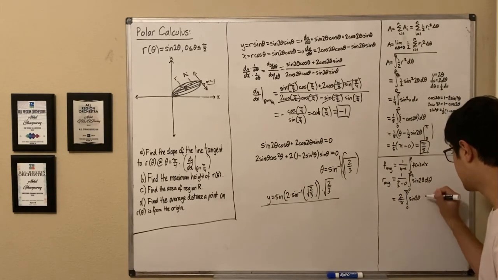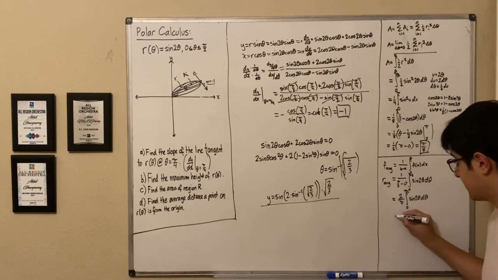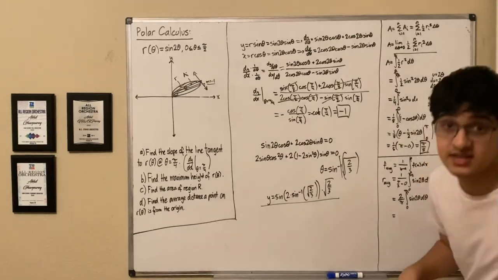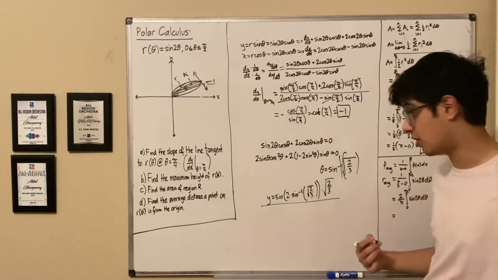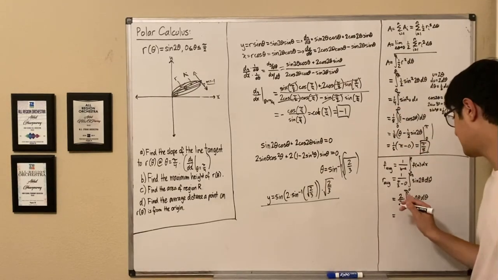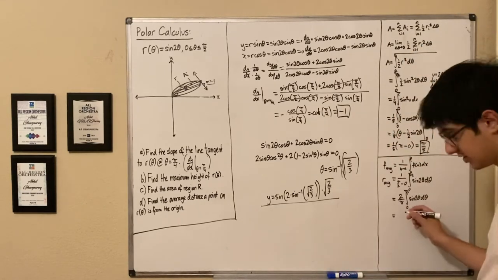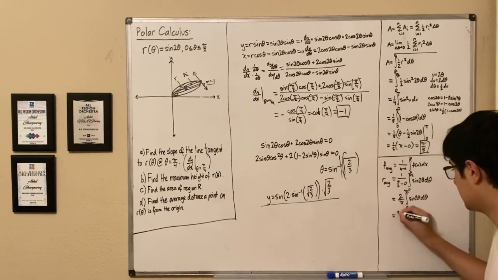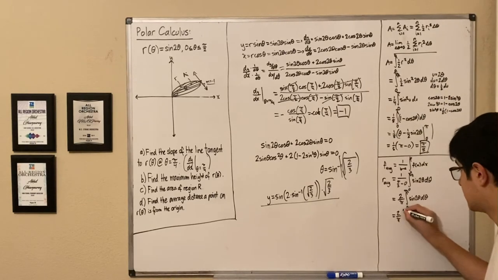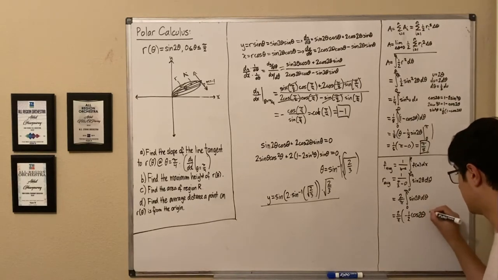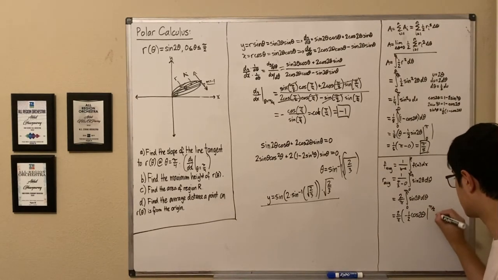2 theta d theta. And if we evaluate this integral, the antiderivative of sine is negative cosine, and we need to have a 1 over 2 out front because of the reverse chain rule. So this is going to be 2 over pi times negative 1/2 cosine 2 theta evaluated from 0 to pi over 2.